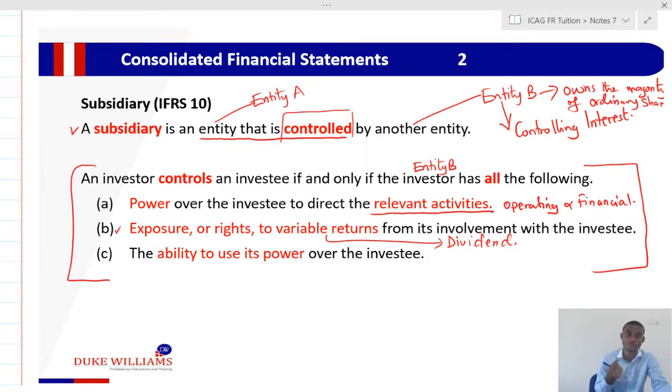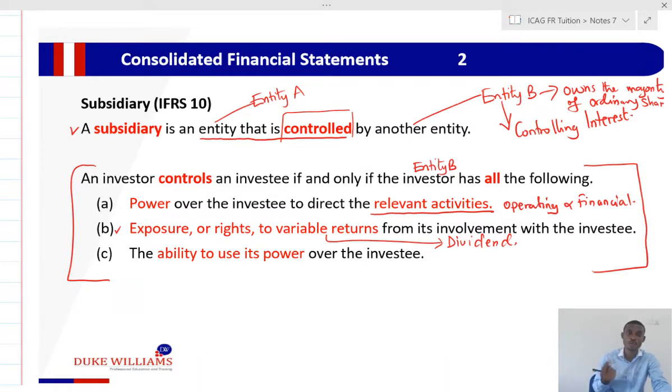Also, entity A, because it's being controlled by B, B has the power or the right to affect the level of returns it wants to receive. So, for instance, where entity A is not performing well, entity B can say, I'm giving you a loan.